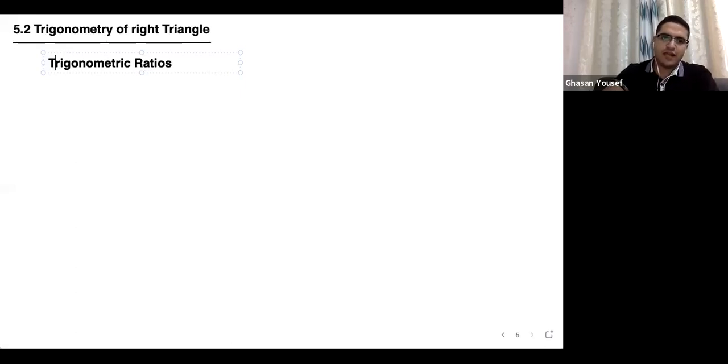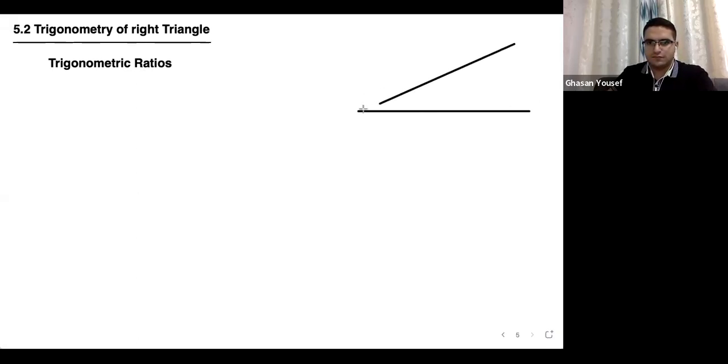So suppose I have a triangle. This triangle looks like this. This is not any triangle, it is a right triangle.